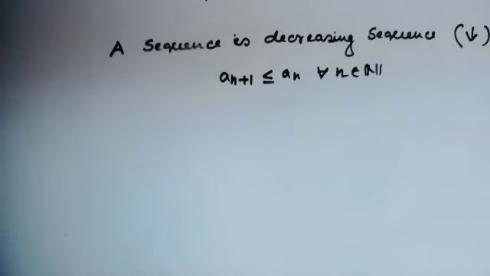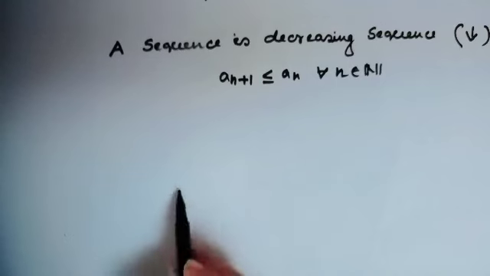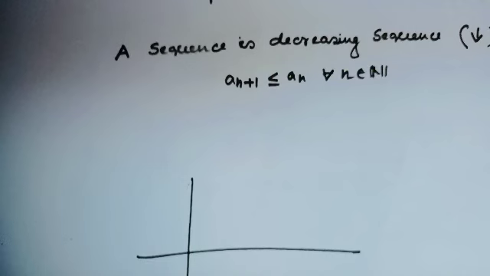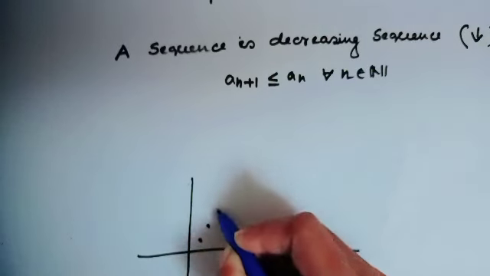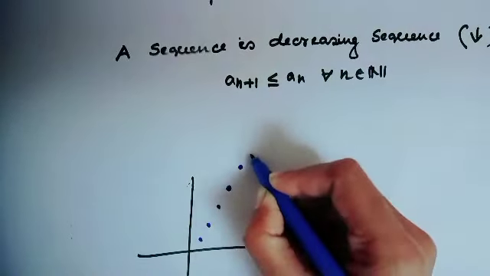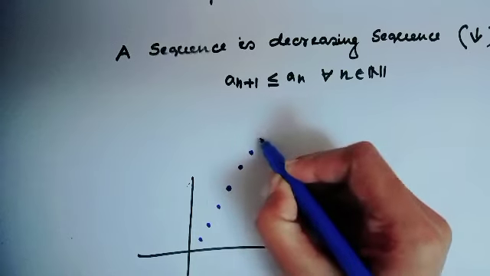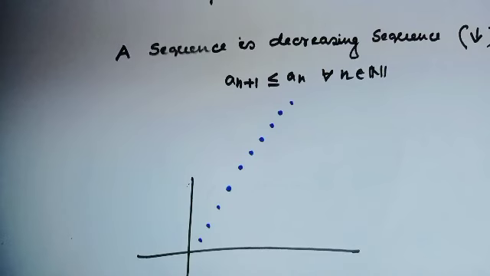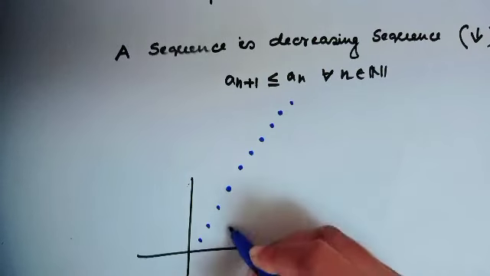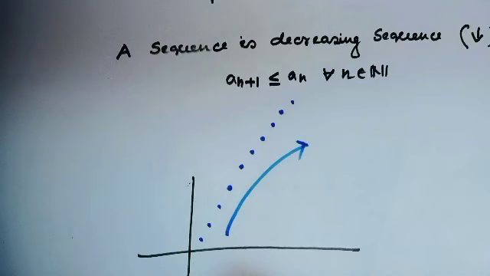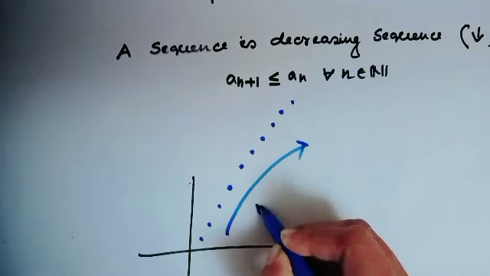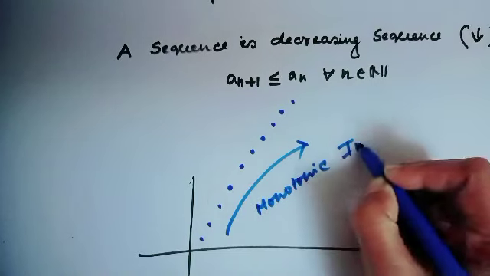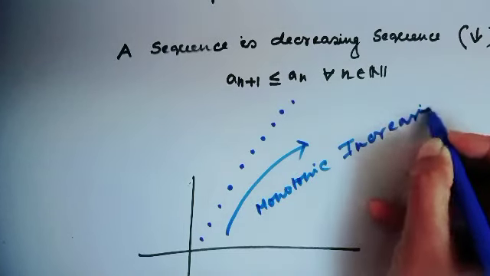Okay. Let's see the graphical representation of a sequence. Here you can see the elements of the sequence are always going up. So this is a monotonic increasing sequence.